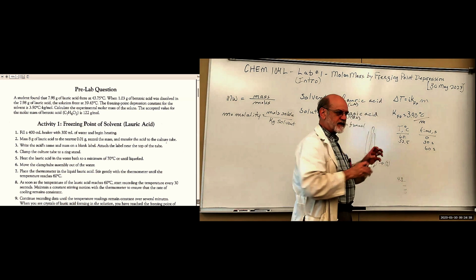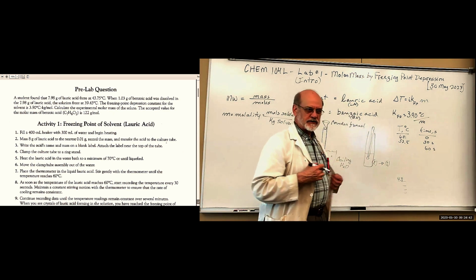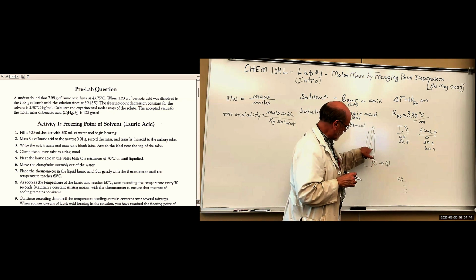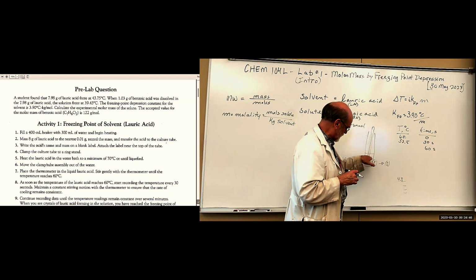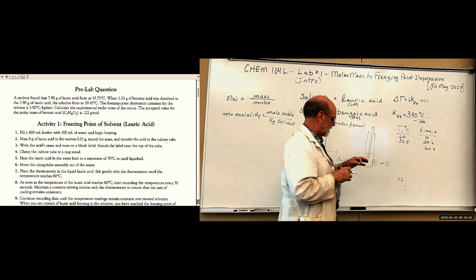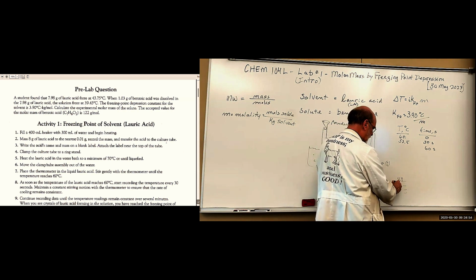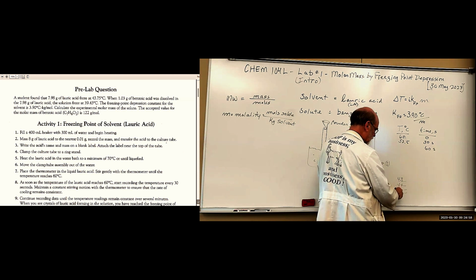And it starts to freeze. You'll see it'll get cloudy. And you'll see in here, not up here on the sides, but inside here, you'll see the formation of the solid. And it'll start to form at 43, and then it'll jump up, maybe 44, or even 45, and then it'll go back down to 43.